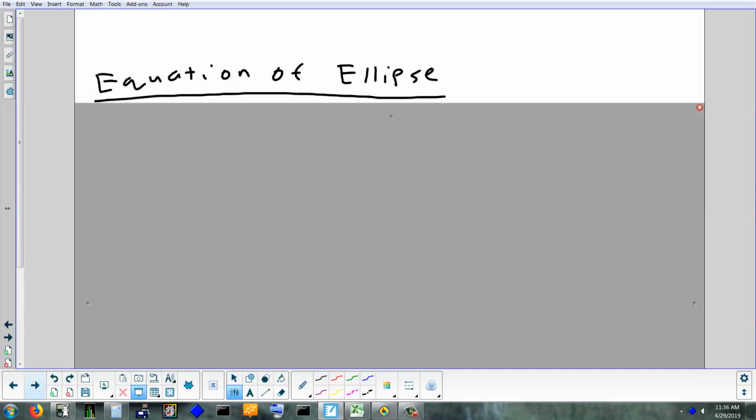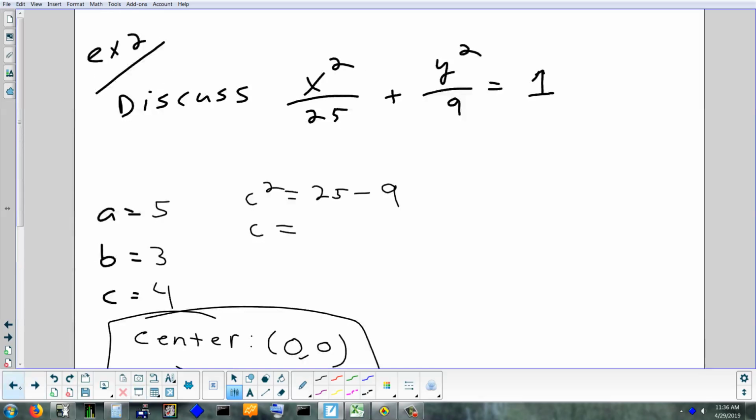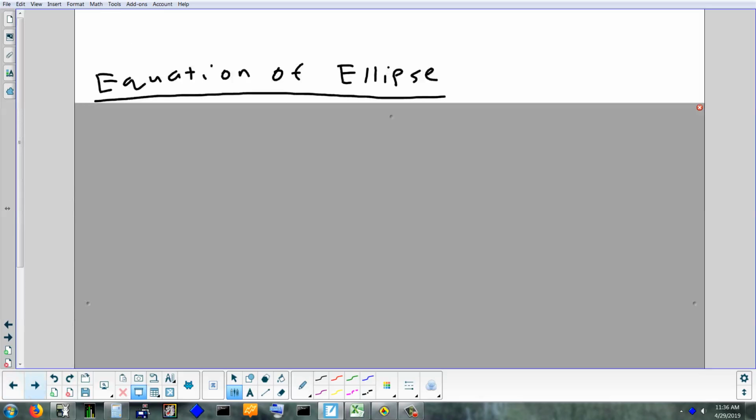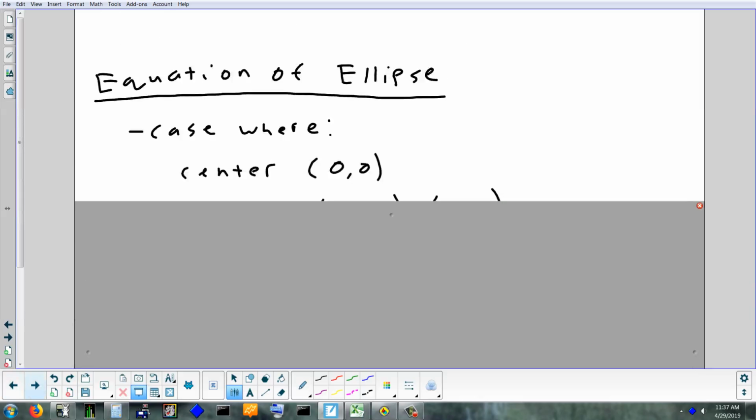Okay, let's look at the other equation of an ellipse, where everything is going to be up and down. Before it was horizontal, now it's going to be vertical. Center still at the origin.